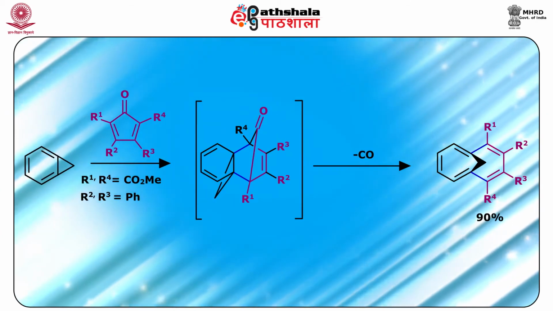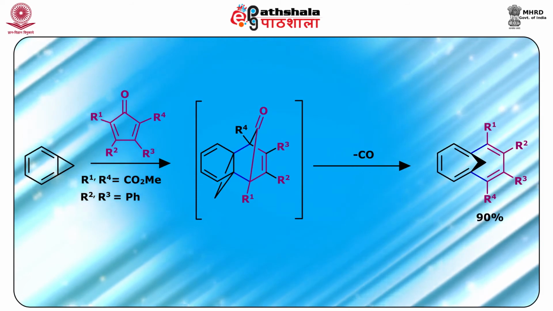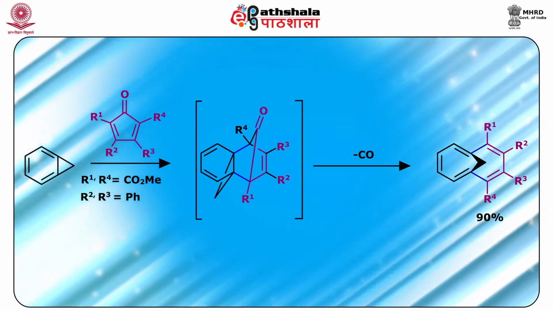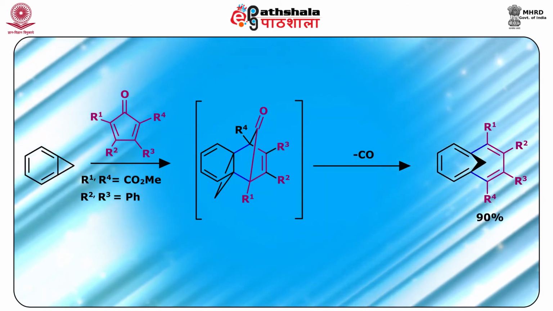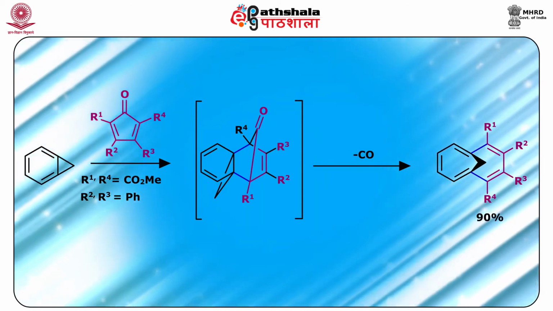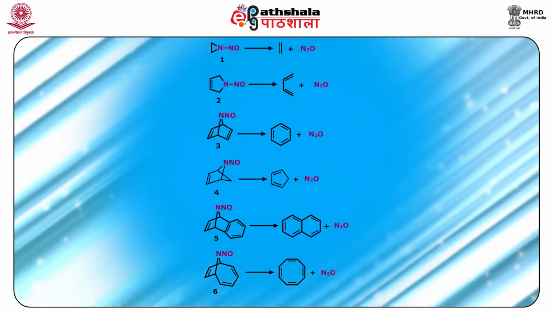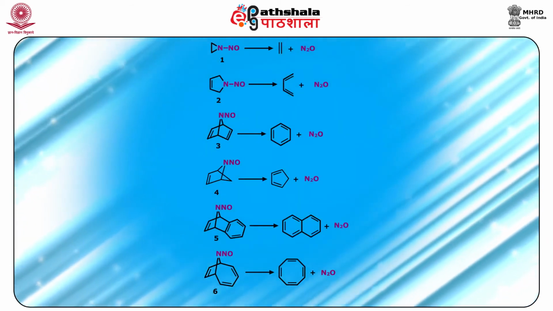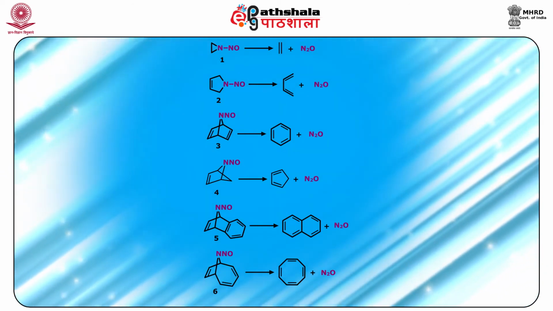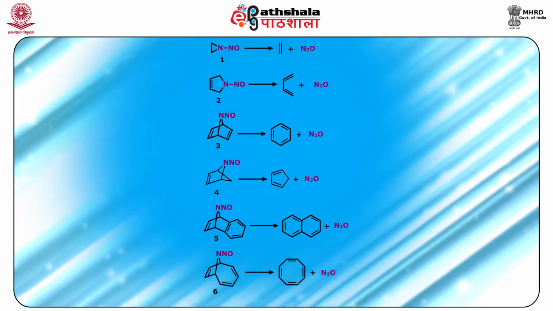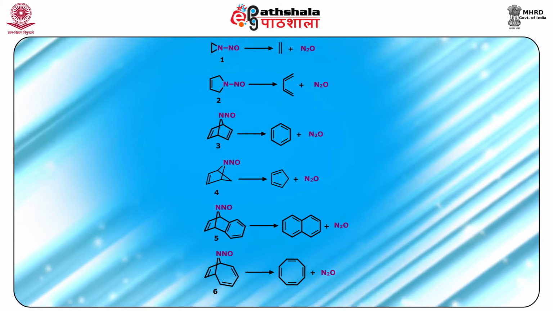Annulenes are conjugated monocyclic hydrocarbons. Cheletropic elimination of CO from the product of the following cycloaddition reactions leads to formation of annulenes. Nitrous oxide elimination from nitroso-heterocyclic compounds involves cheletropic extrusion leading to formation of alkenes and N2O.